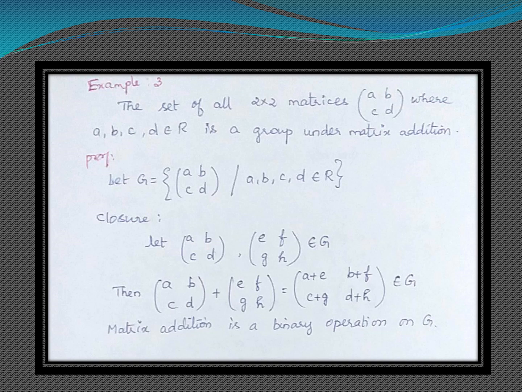Therefore, the matrix becomes a plus e, the first entry, and then b plus f, the second entry, c plus g, the third entry, and then d plus h, the fourth entry. Therefore, our matrix becomes the matrix a plus e, b plus f, c plus g, d plus h. This matrix also belongs to G. Therefore, the matrix addition becomes a binary operation on G, the set of our 2 by 2 matrices.